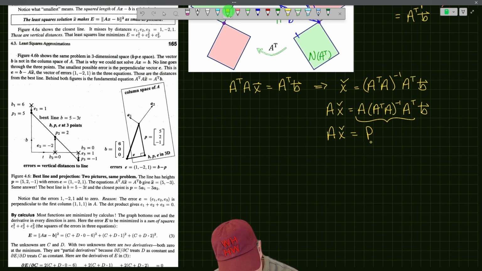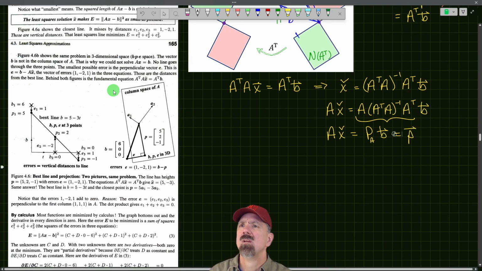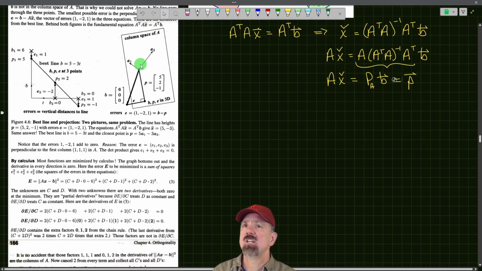This is the projection onto the column space of A for B, but that's just the P vector. So the solution to this problem comes about by projecting B into the column space of A. That's our big takeaway.